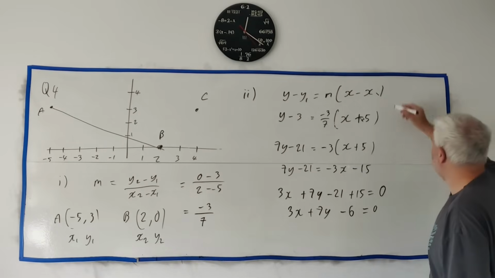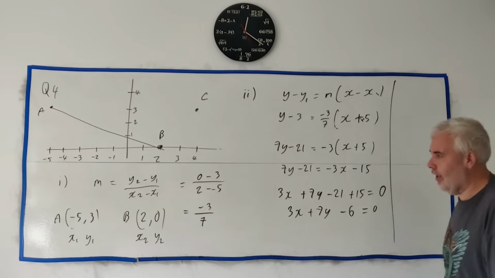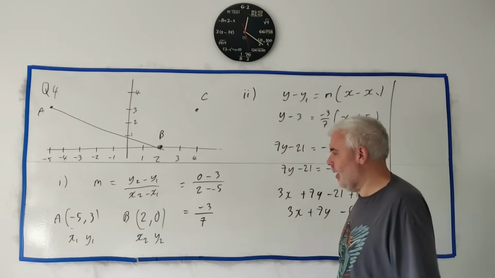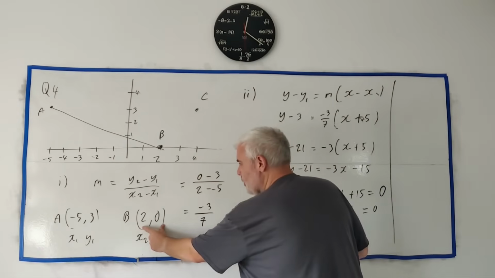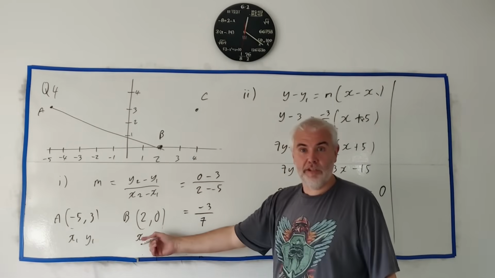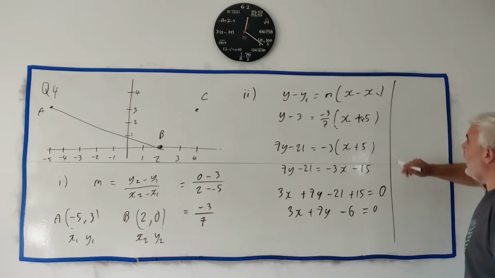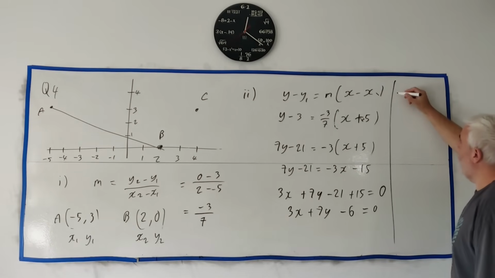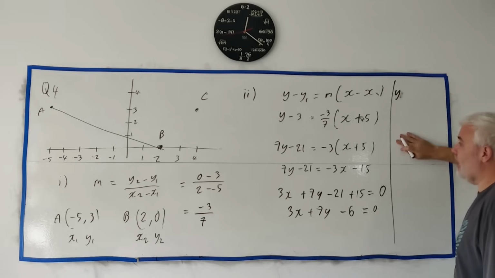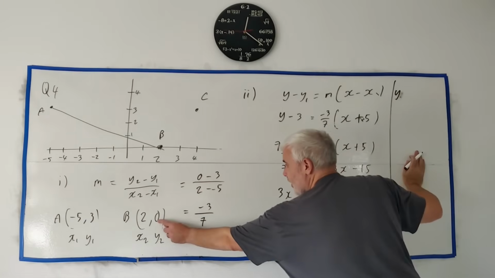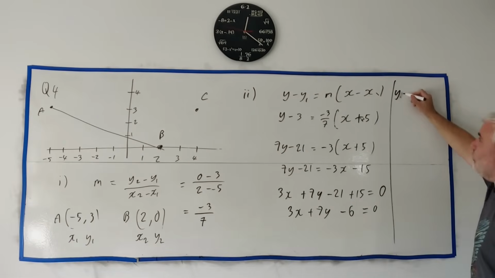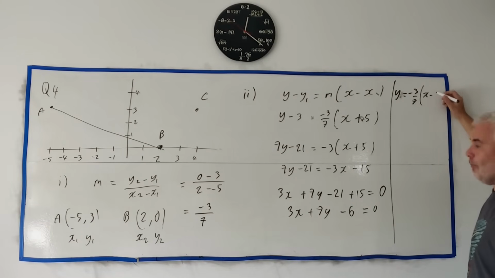Let me quickly, I think I can squeeze it in here at the side. I won't do it as carefully as I did there. I'm going to use these numbers, and I would have advised you to use these numbers because there's a 0 in it. 0 makes everything easier. This would have been y minus y1 is 0, so we wouldn't have had anything there. If I'd used this as the y part, it would have equaled minus 3 over 7 times x minus 2.